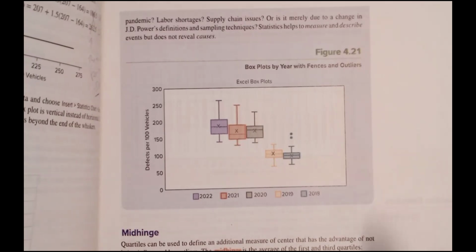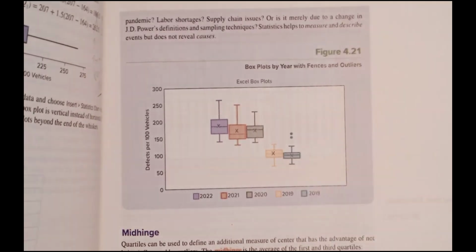But then it says, hey, wait a minute, these numbers were so far out of the range of what we think is appropriate, they're beyond our fence, that we're going to take the number that's inside our fence, make that the high, and leave those as disconnected outliers. I don't like doing that as much because I think you want the highest number. Worry about outliers some other way. Questions?